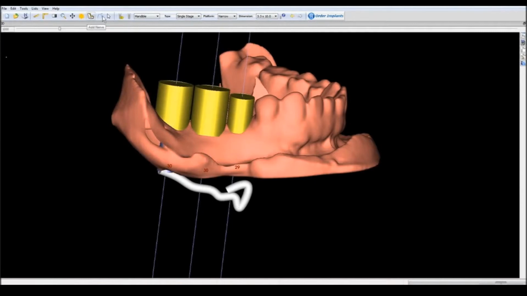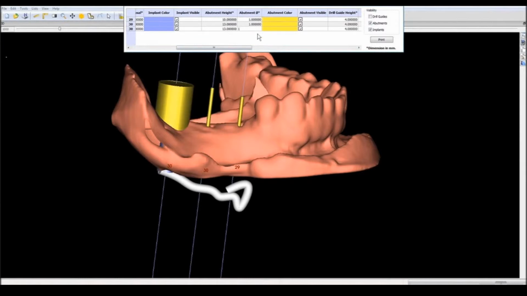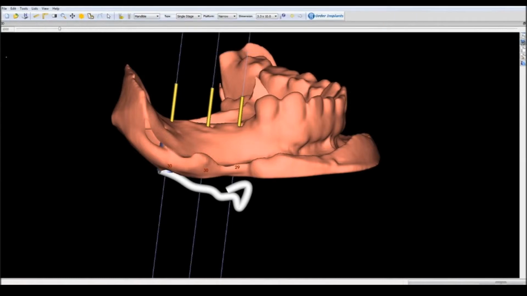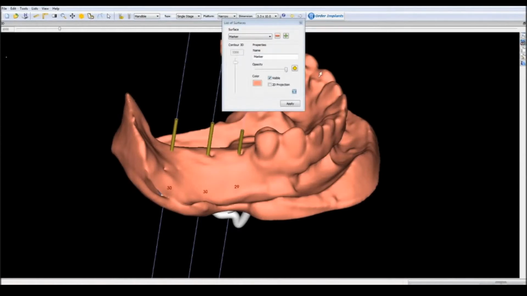At this point, I'm going to change the abutment sizes to 1 to use them as center lines. And I'm also going to now bring in a set of articulated models.